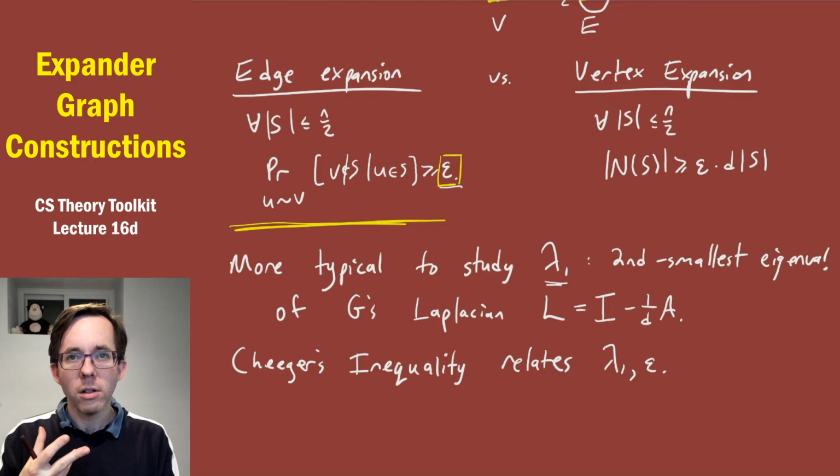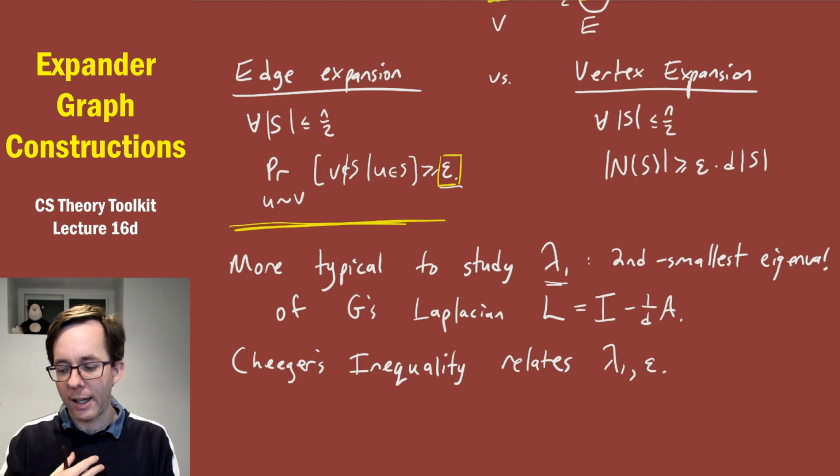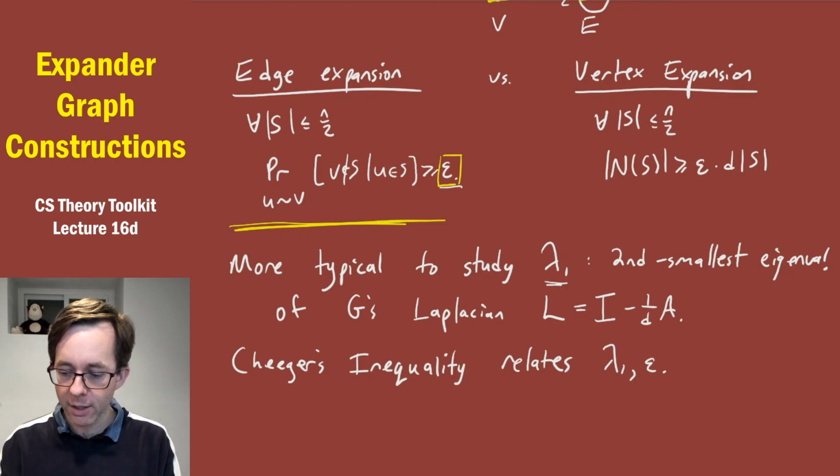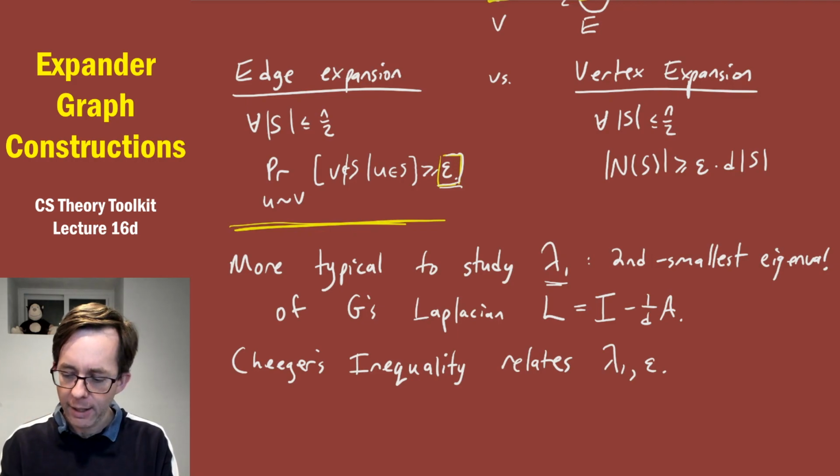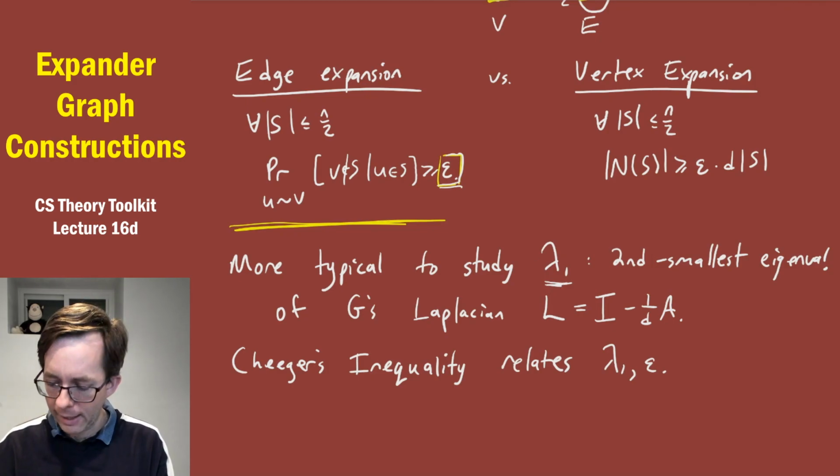In some sense, it's even harder to construct a graph whose lambda 1 is big than it is to construct a graph whose edge expansion parameter epsilon is big. This is the easy direction of Cheeger's inequality. If you construct a graph which has a lambda 1 that's large, then, well, in fact, lambda 1 is at least epsilon.